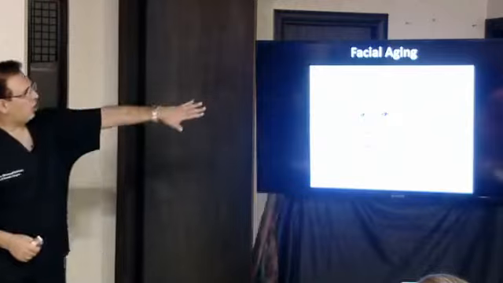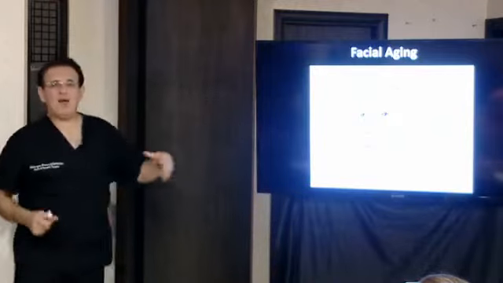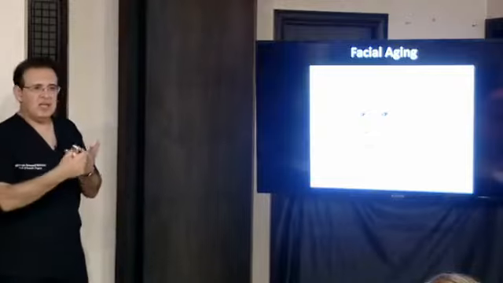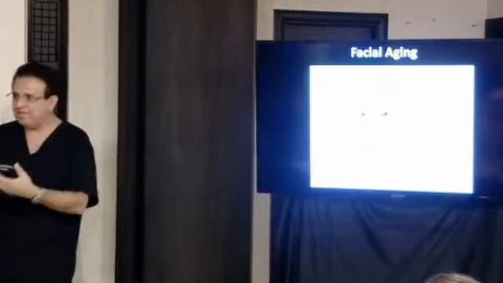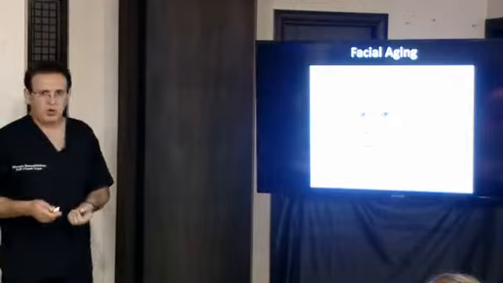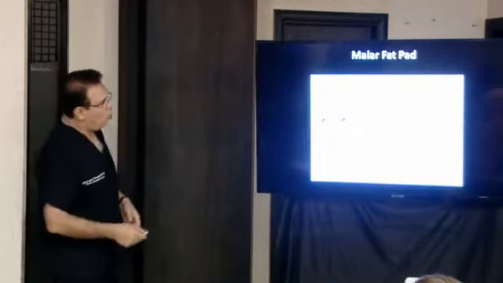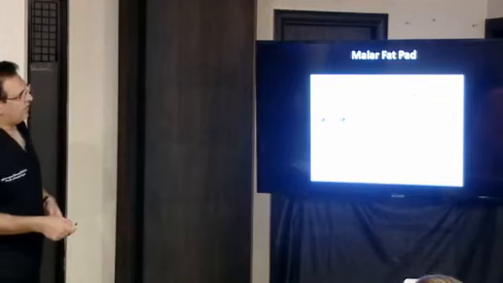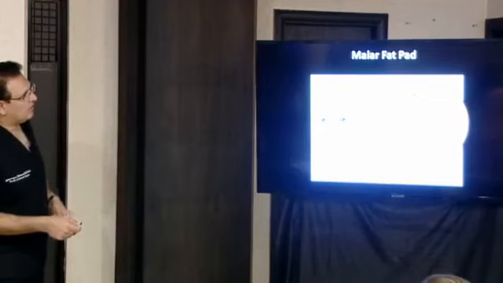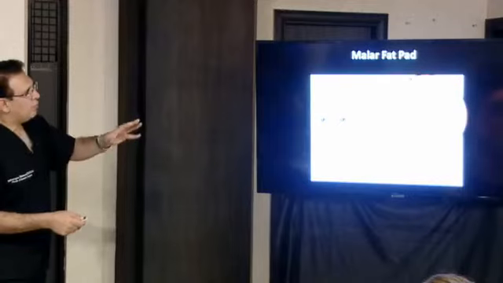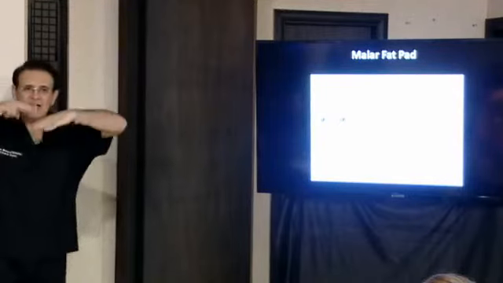Now, when we talk about facial aging, we need to understand why the face is aged. Is it the skin? Is it the subcutaneous tissue? Is it the fat pads, or is it the bone? The latest understanding is that if this bone gets smaller, the orbital septum protrudes and everything hangs down.